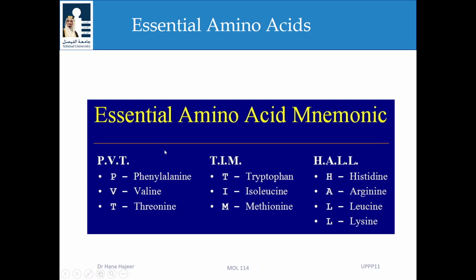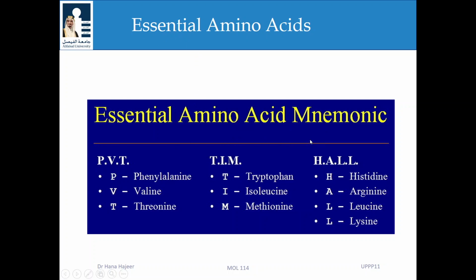Yes, because later, as a future doctor, if you have a patient with a problem with the metabolism and they have a certain genetic disorder and a deficient enzyme in the pathway of one of the amino acids, you should be able to differentiate between essential and non-essential amino acids, whether you have to replace this amino acid in the diet or not. So that's why you need to have a concept about essential and non-essential.